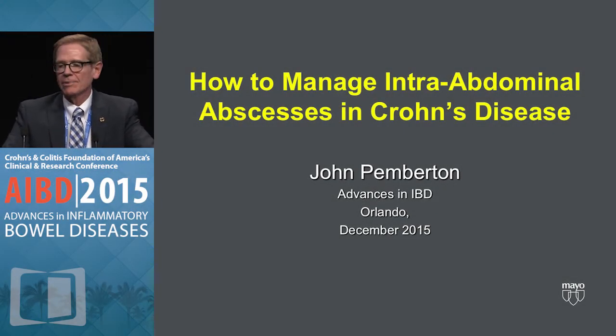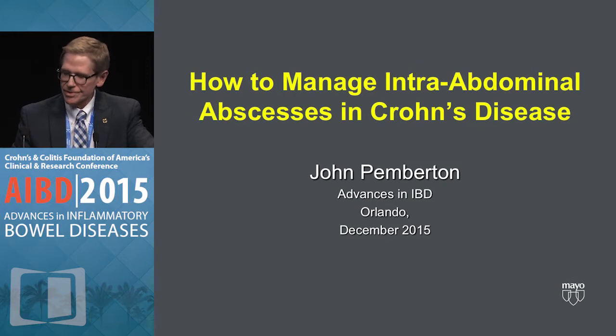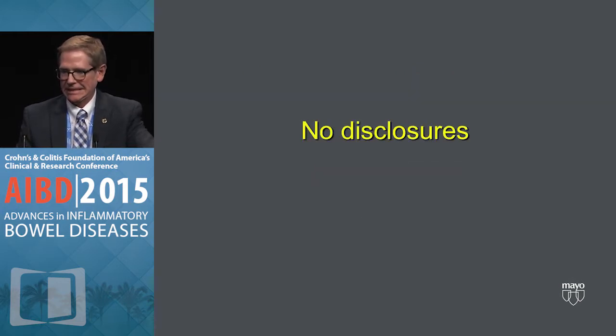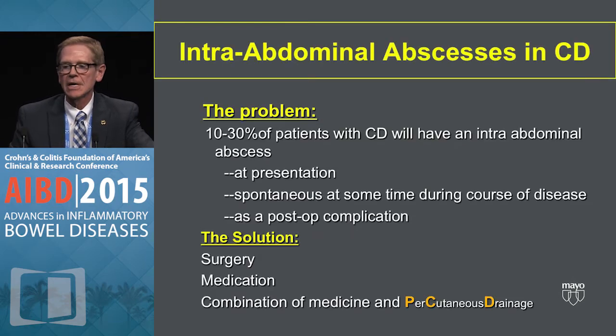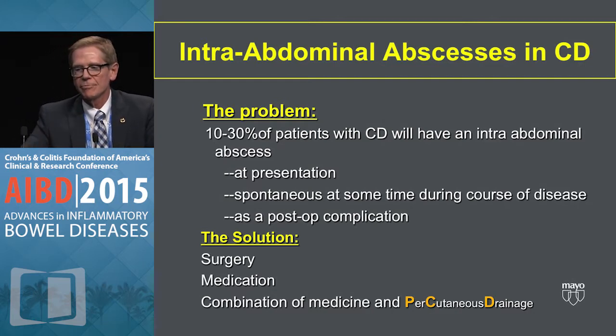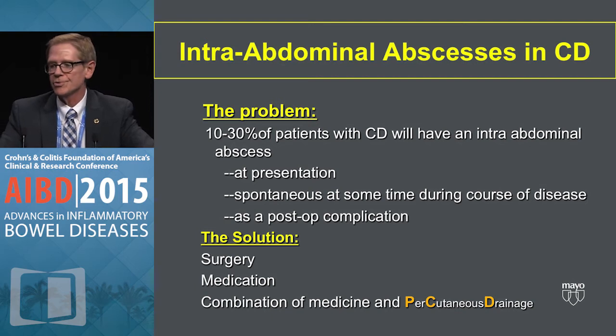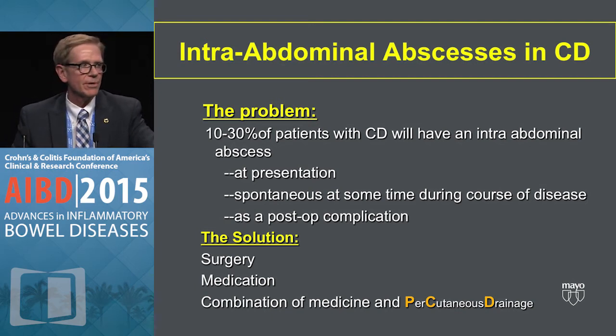We'll talk about complex abscesses and Crohn's disease. I have no disclosures, unfortunately. Intra-abdominal abscesses in Crohn's disease is my topic, and the problem is this, that 10 to 30% of patients with Crohn's disease will have an intra-abdominal abscess at some time in the course of their disease.